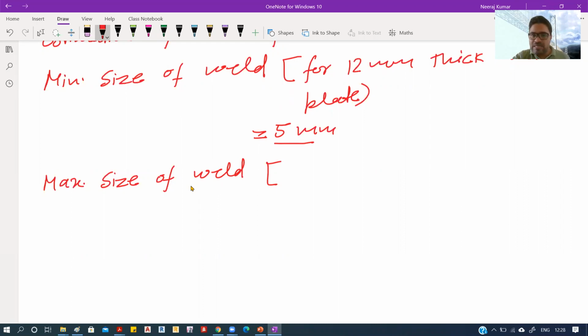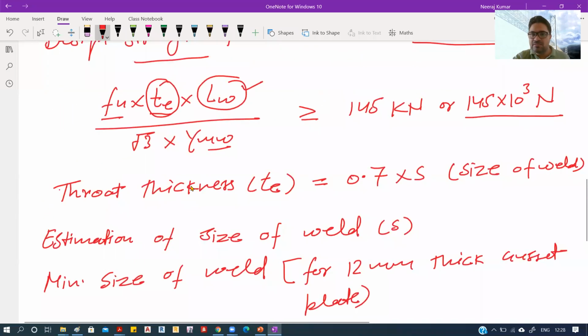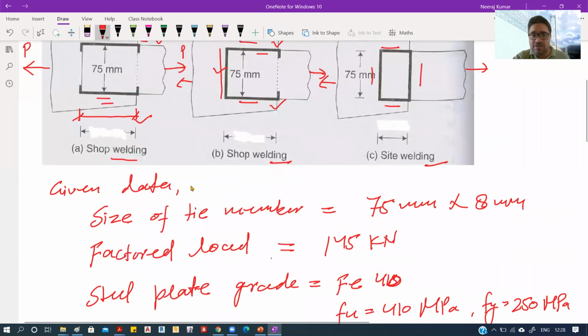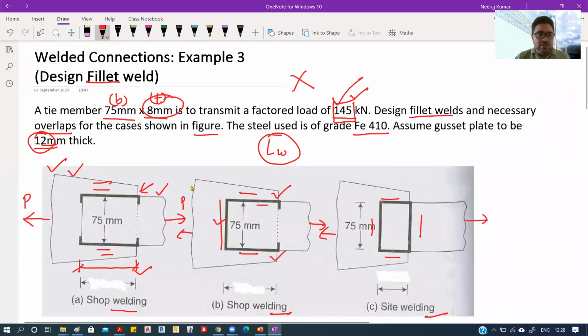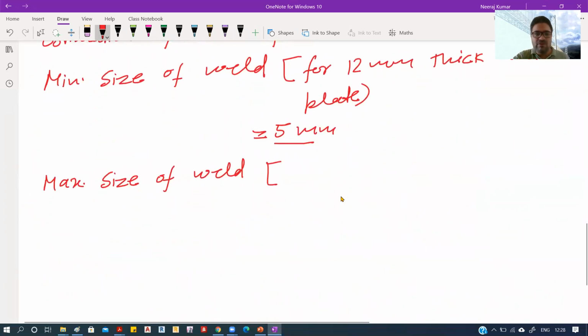While calculating the maximum size of weld, we generally see the thickness of the thinner plate. In our case, gusset plate thickness is 12 and tie member thickness is 8. So the thinner part will be the tie member. So tie member thickness is 8 mm. So for 8 mm thick section, we will find out the maximum size of weld.